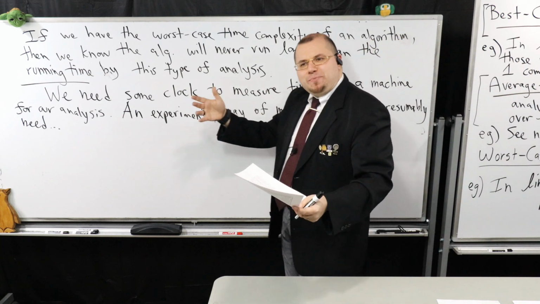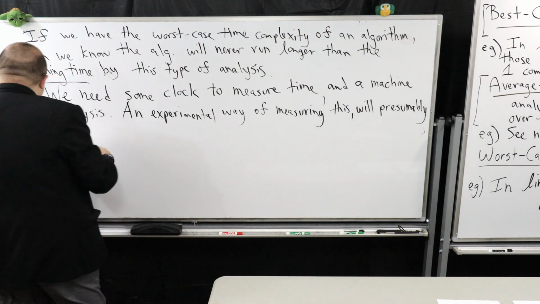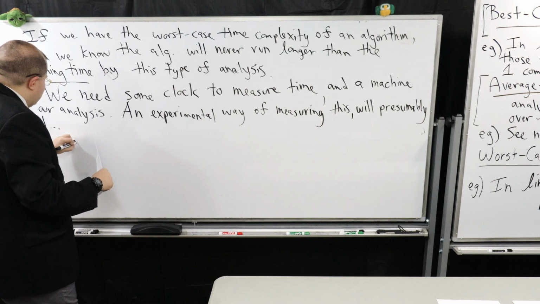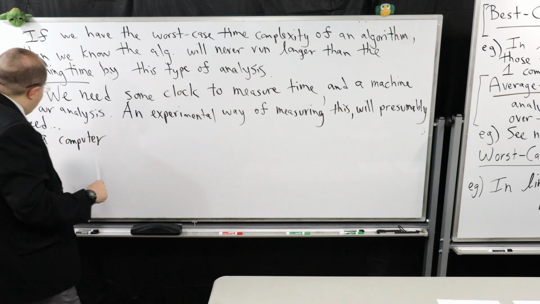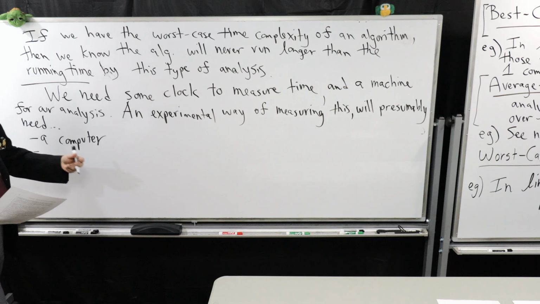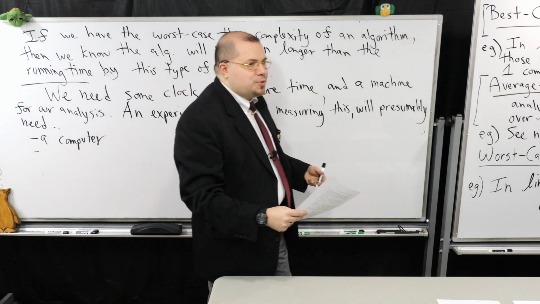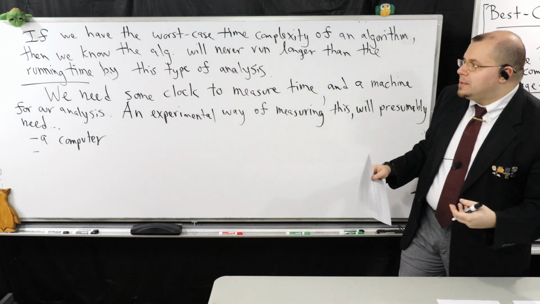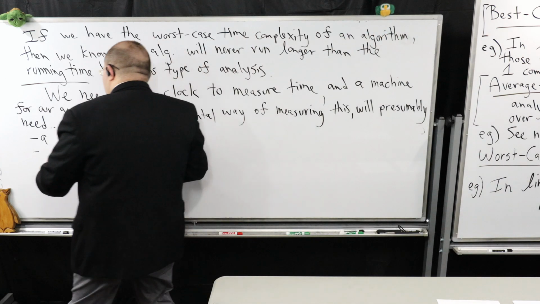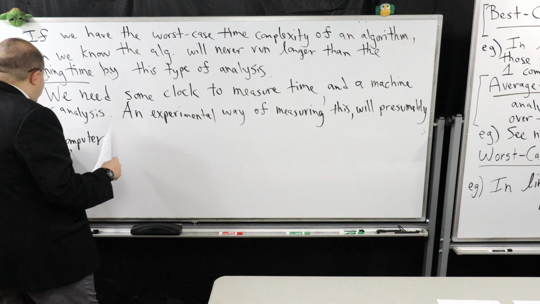I'm going to first need a computer, right? Well, if I'm writing a program, so I have some program I want to run in time, I'm going to probably need an operating system that can facilitate the execution of that program.